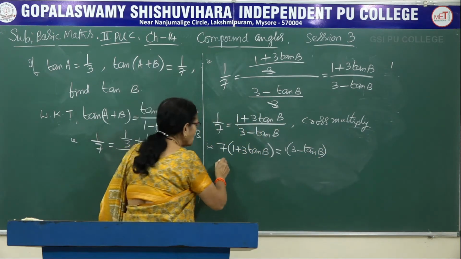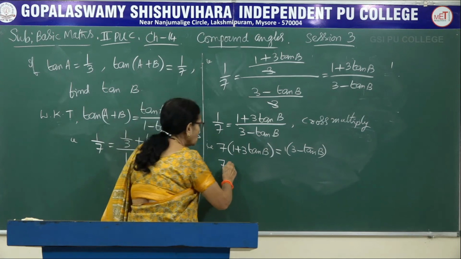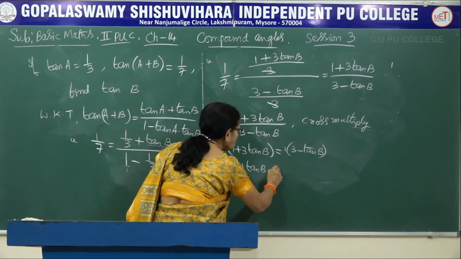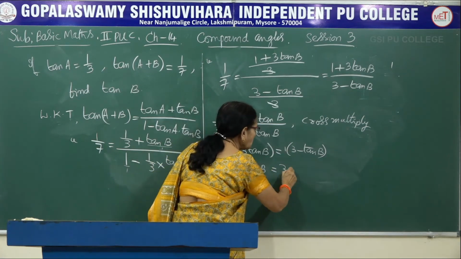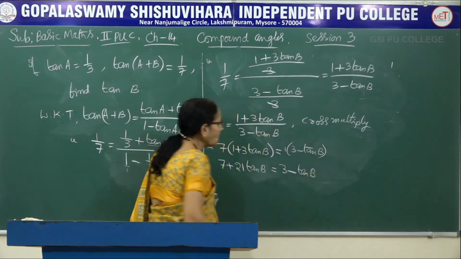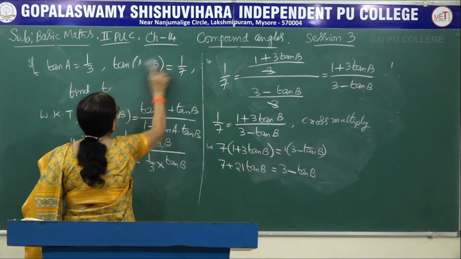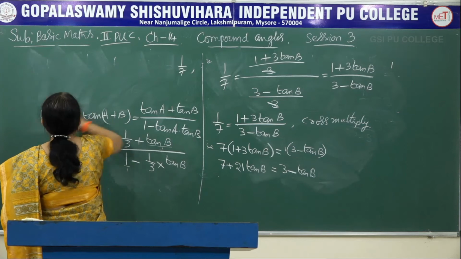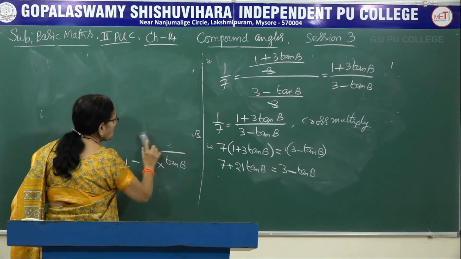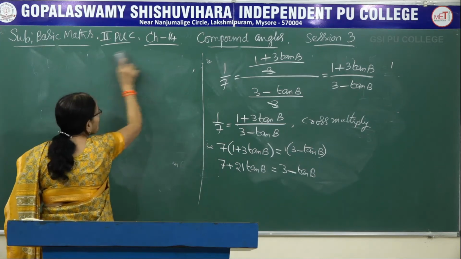Remove the brackets. 7 ones are 7, 7 threes are 21 tan B. That is equal to 1 into 3, 3, 1 into minus tan B is equal to minus tan B. Now, to get the value of tan B, the tan B, which is the unknown quantity, is present on both the sides of the equation.